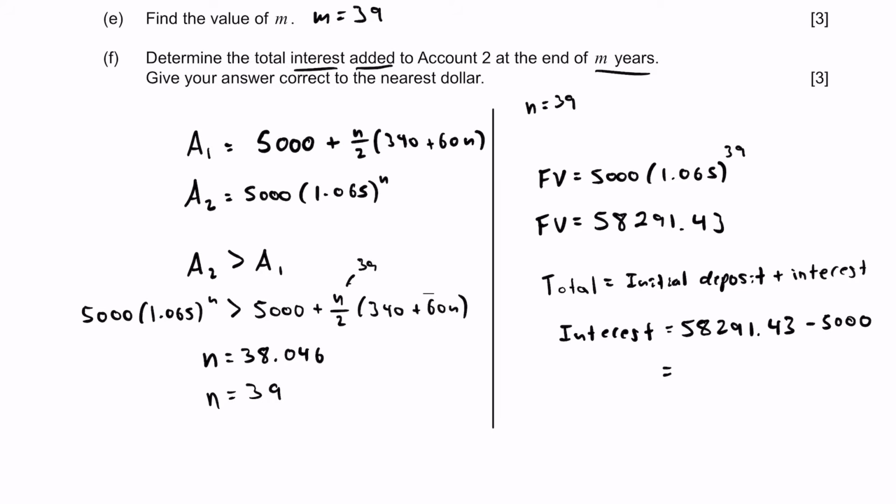And this in the end is going to be $53,291.43. To the nearest dollar, this is going to be $53,291. All right. Good.